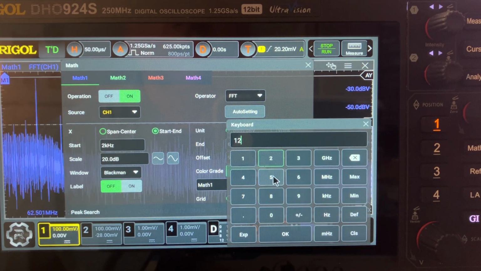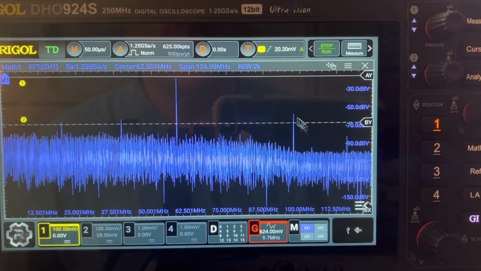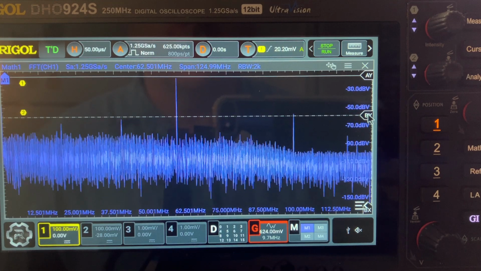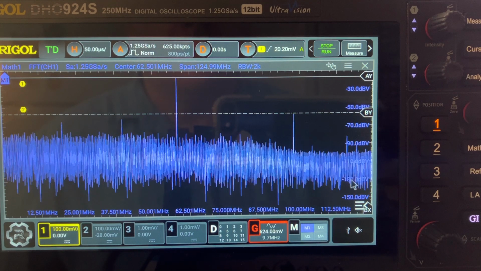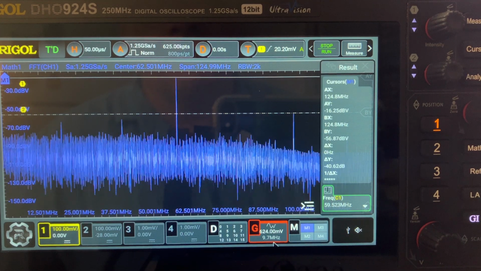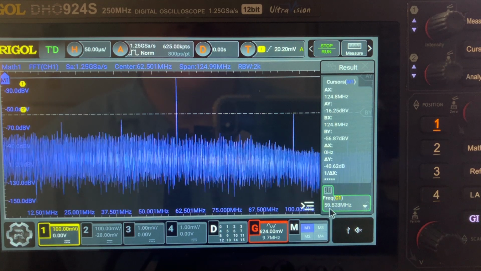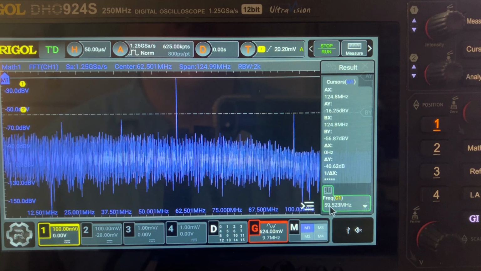I just want to look at 124 megahertz. So we span a little bit. Here's the fancy noise, and if we move the cursor, amplitude has gone down a little bit. We are only at 40 dB for 50-ish. So it has difficulty to measure the frequency now because it's noisy.